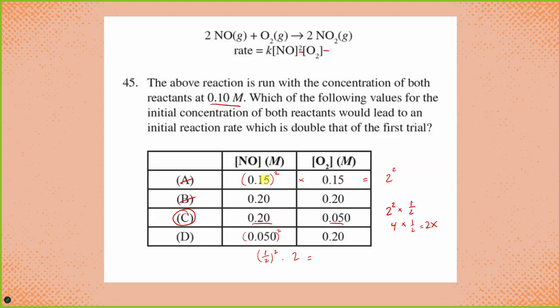Well, no, this is not doubled. This is 1.5 squared, sorry. 1.5 squared times 1.5 in terms of that. So that one would be right, but this would be doubling both of them. So it would be 4 times 2. This one would ultimately be 8 times the rate. So C is the correct answer. That one was fun.